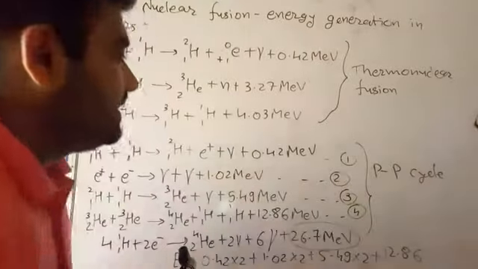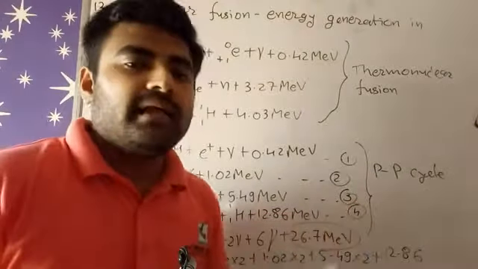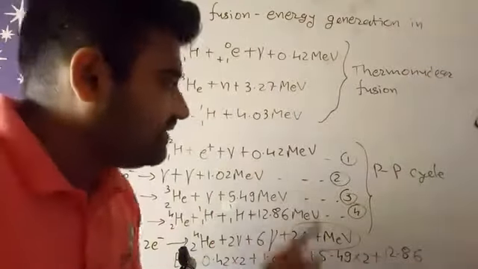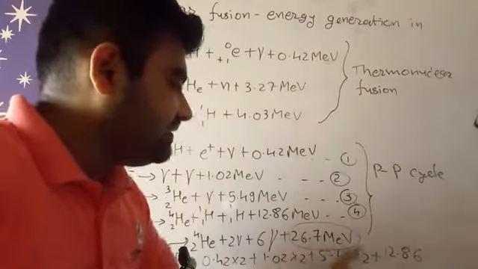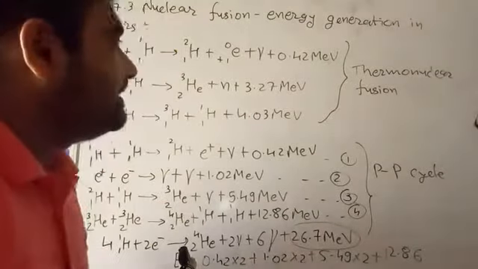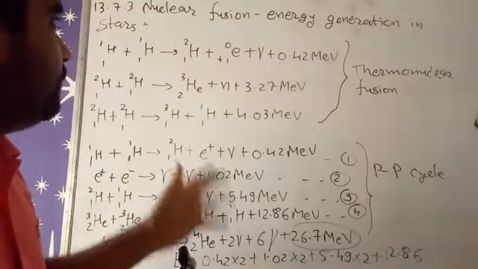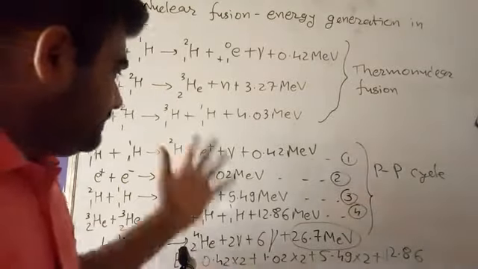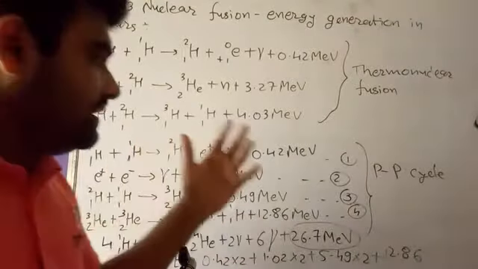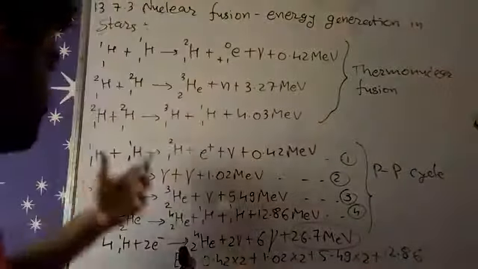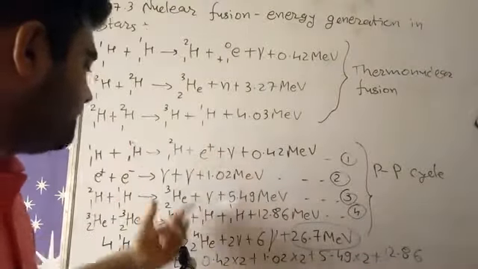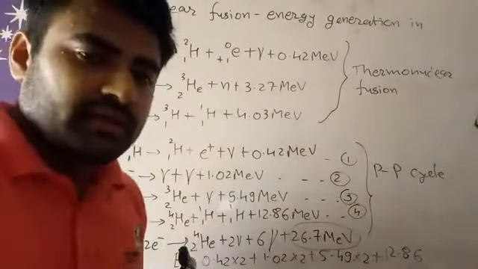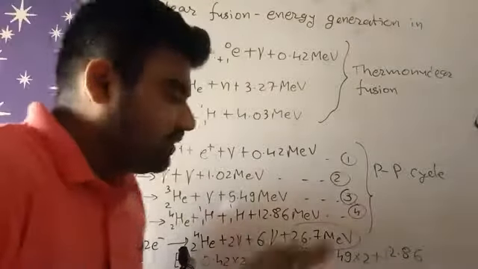So in each pp cycle reaction we get this amount of energy released. In our atmosphere also, hydrogen comes together and is converted into helium in the current scenario.